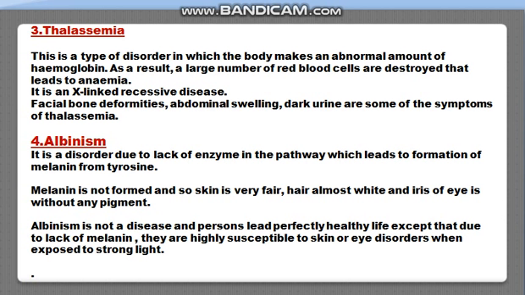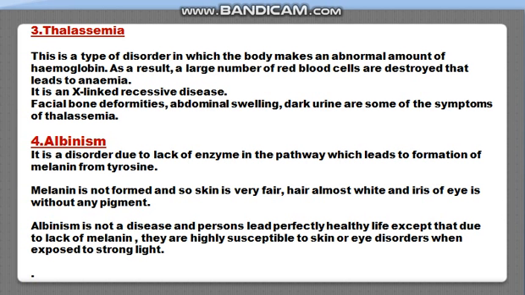Melanin is the substance which gives coloration to the body, and if melanin is not formed due to the lack of the enzyme, then the skin becomes very fair and hairs almost become white, and the iris of the eye is without any pigment. So this is albinism.